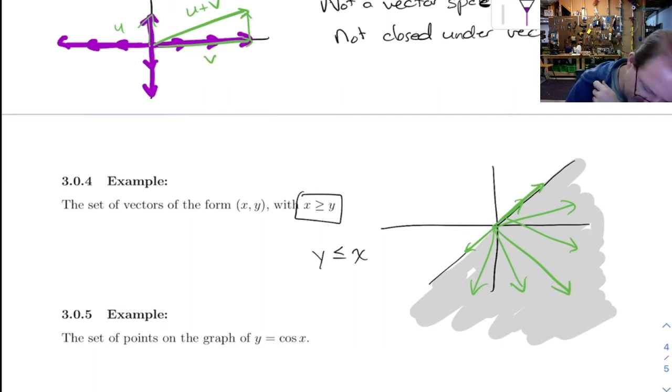Anything except for the ones that lie right on this line. If we take any vector that points into here and multiply it by a negative constant, it's going to point out of there. Actually, what I just showed was that it's not closed under scalar multiplication.